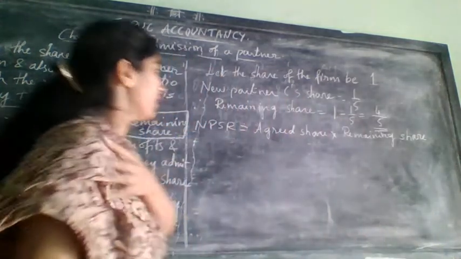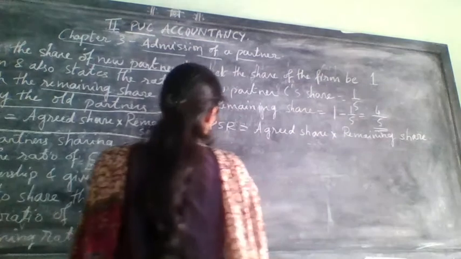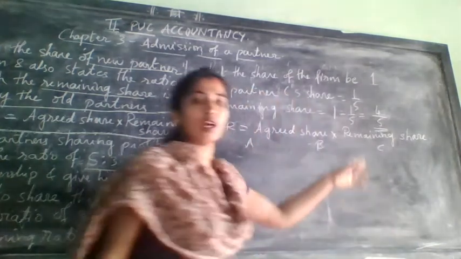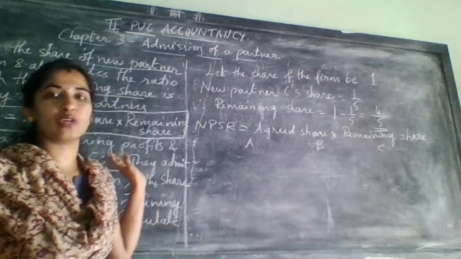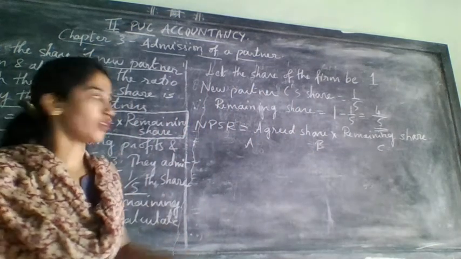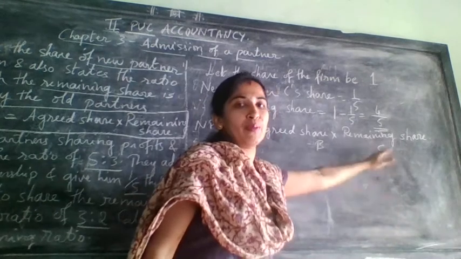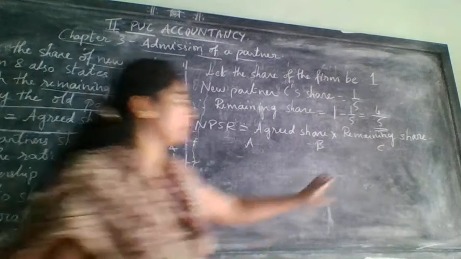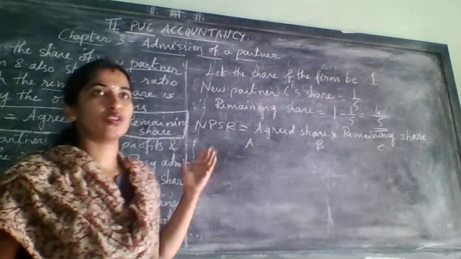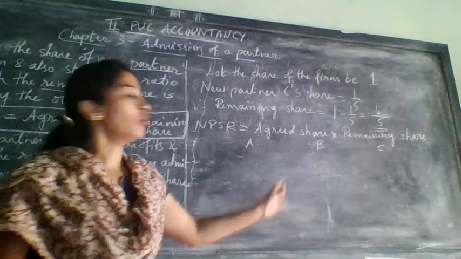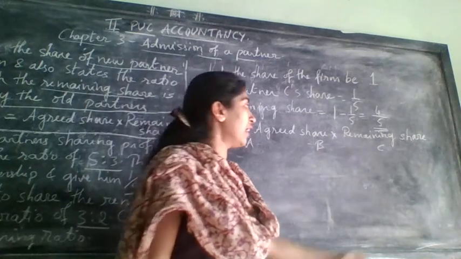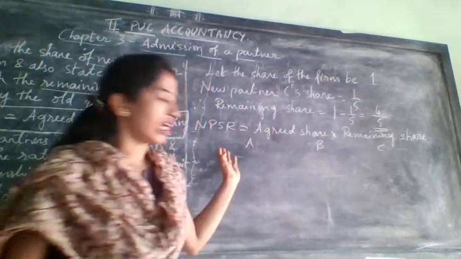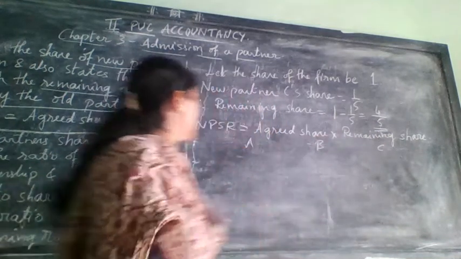Write the three partners' names, A, B and C, so that you can't leave out C. If you follow this method to calculate the new profit sharing ratio, it is easy for you because we can't leave him out. From the beginning we can add him and we will get the answer at last. Or else what you people will do is practice the sacrifice ratio by doing it only for 2 partners, and you will do the same thing till the end, leaving this person out. So don't do like that. Instead, start writing like this, A, B and C.